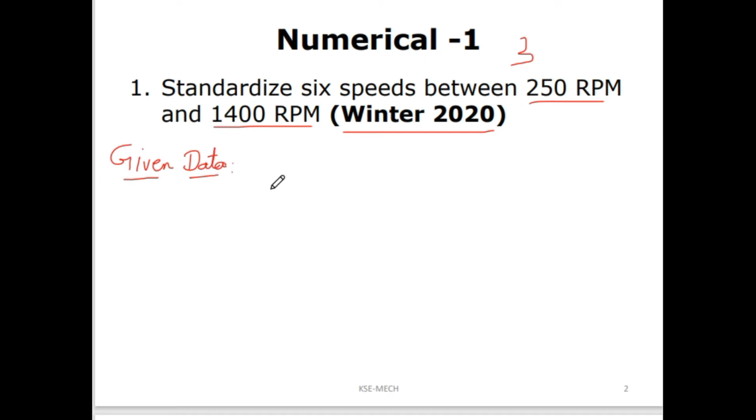First of all, always start with the given data. First, we have been given the maximum speed, n max, which is 1400 rpm. Then we have been given the minimum speed, which is 250 rpm.